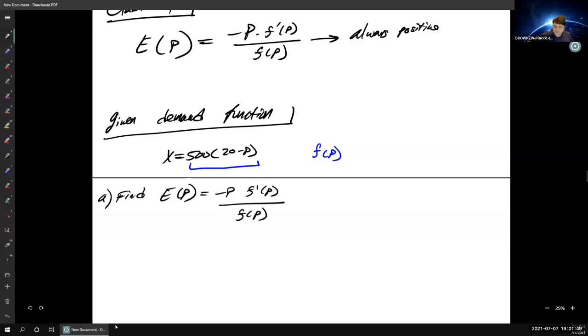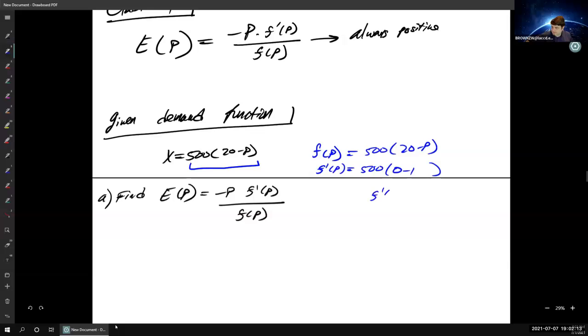So just doing a little bit of work off to the side. F of P is already given, 500 times 20 minus P. And the derivative of that, well, 500 is just a constant, so we can bring this down. The derivative of 20 is just 0. And the derivative of minus P is just minus 1.